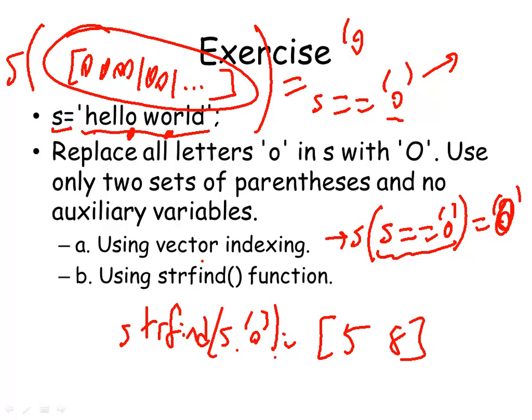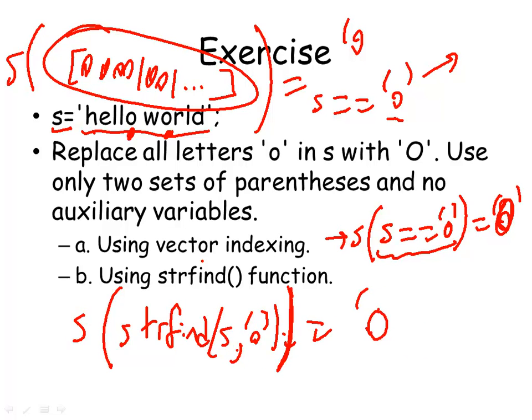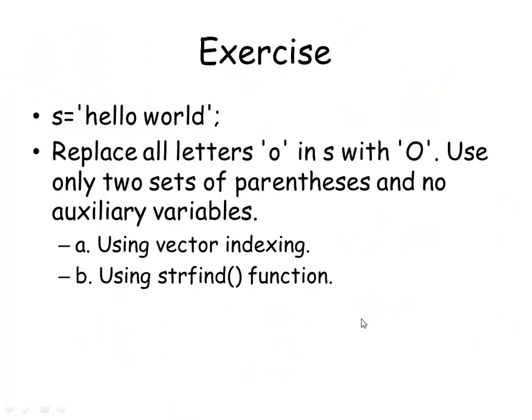And I can use this to index S and set it to be capital O. Okay, so the answer to the second part is to just say S, parenthesis strfind S, comma, small letter O, equals capital letter O. All right? Any questions? Okay.